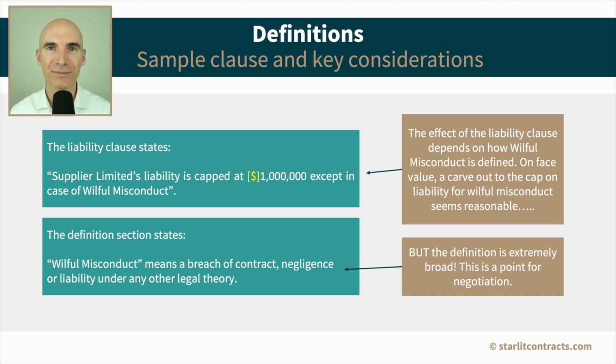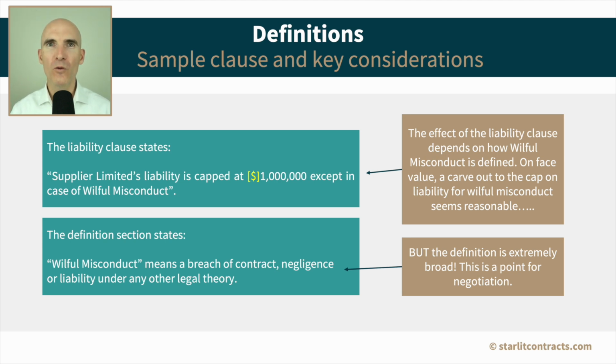So upon turning to the definition section, we see willful misconduct means a breach of contract, negligence, or liability under any other legal theory. And suddenly we decide, wait, hang on there, this completely changes the effect of this limitation of liability clause.